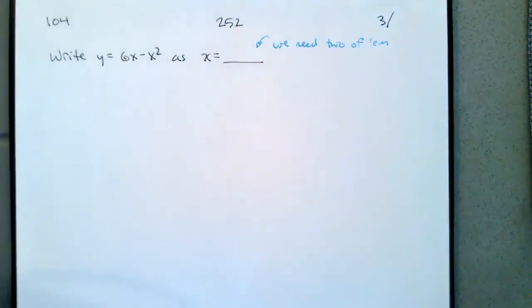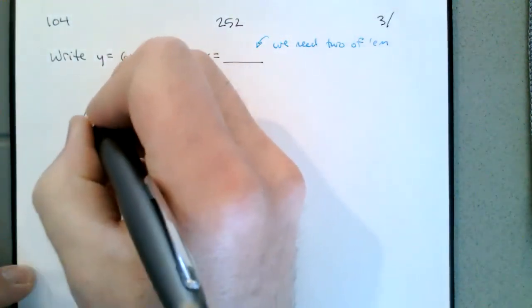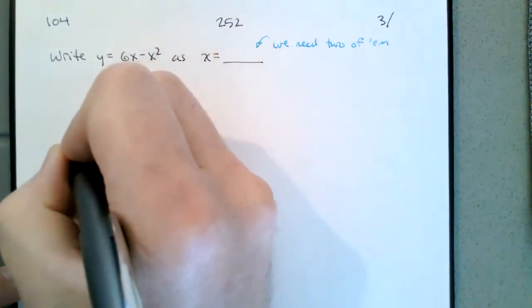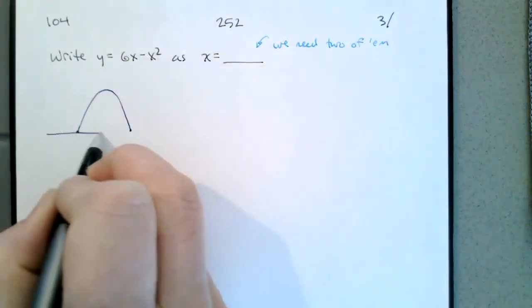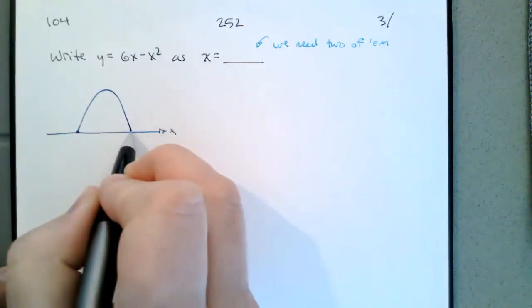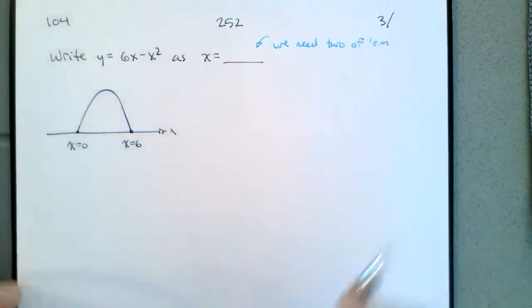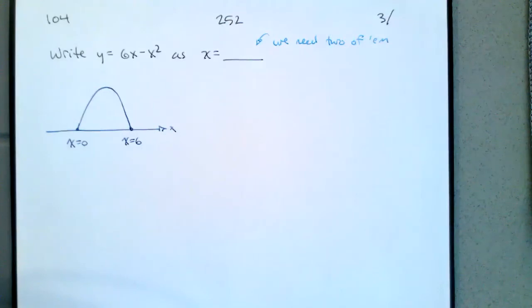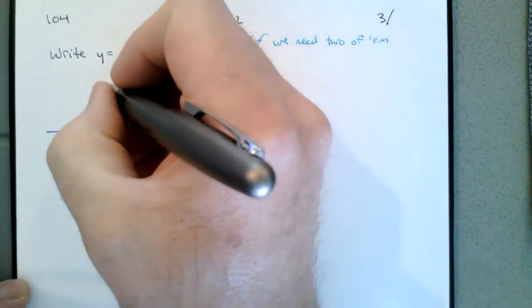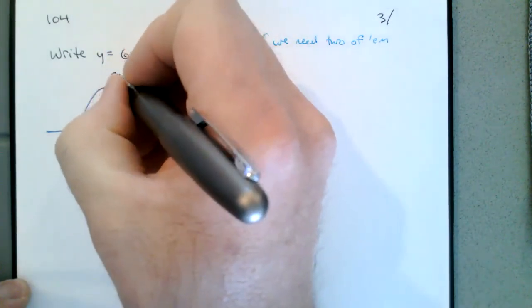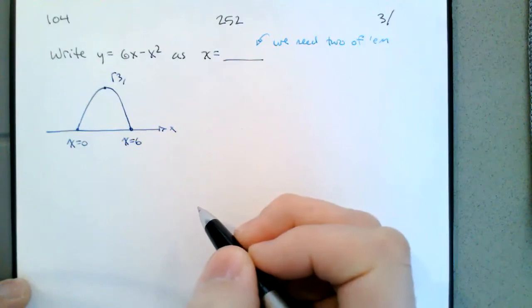So notice that y equals 6x minus x squared is a parabola. And we're going to use the fact that it is a parabola to write 6x minus x squared in its vertex form. So notice that the vertex must be at 3, and then we'll plug in 3 to find out.